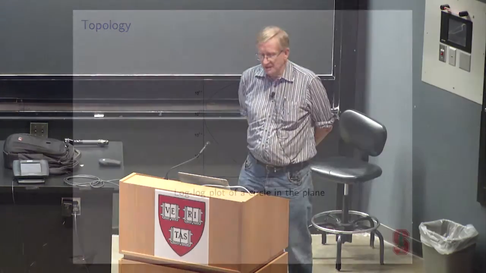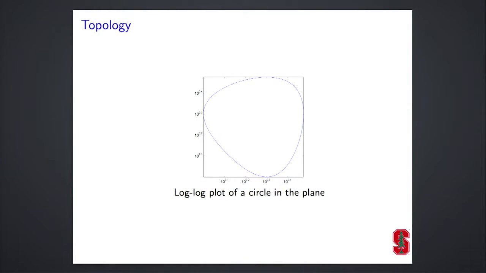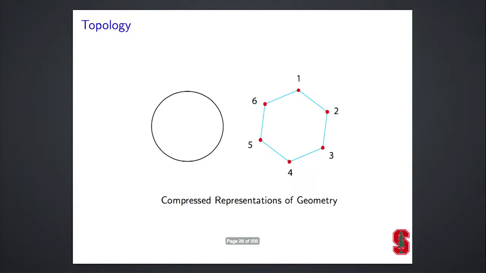Here's a more data-centered version of that, a plot of a circle in a plane, which is also a deformed version of the circle. And finally, the compressed representations. The circle on the left there is actually infinite amounts of information. It's infinitely many points, infinitely many pairwise distances. But if you're willing to sacrifice a little bit of detail, and often you are, then you can represent it by the shape on the right, which has got the loopy aspects to it, but which has lost curvature information.